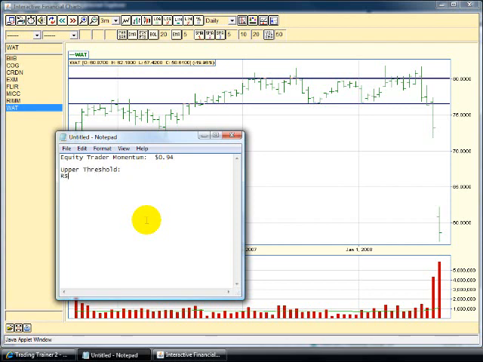And our resistance. And our support. And our lower threshold.